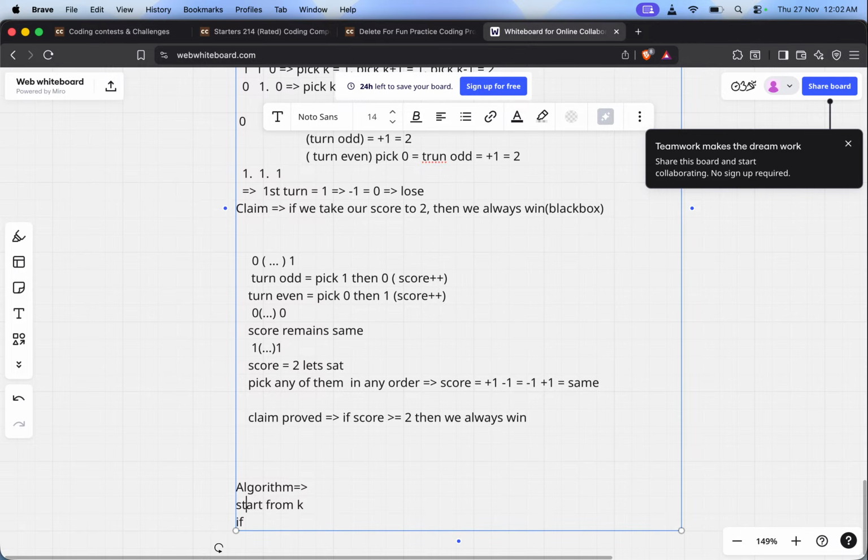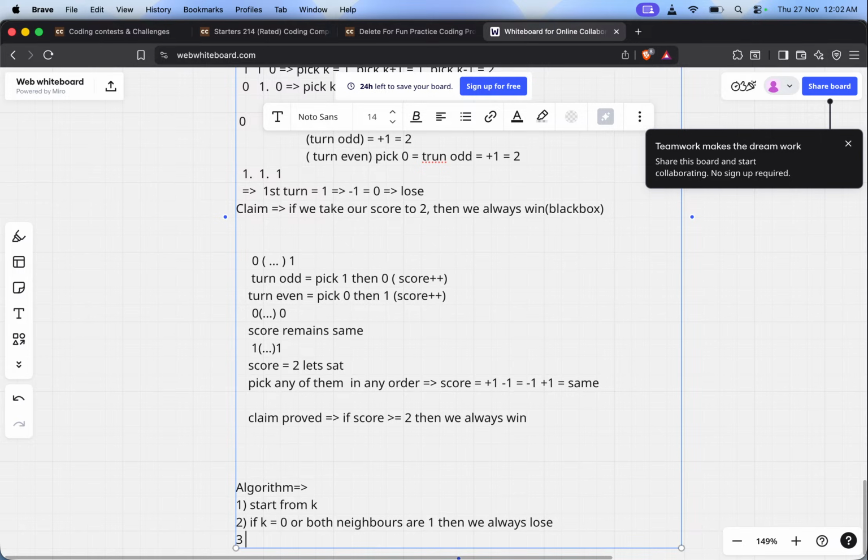If k equals 0 or both neighbors are 1, then we always win, always lose.